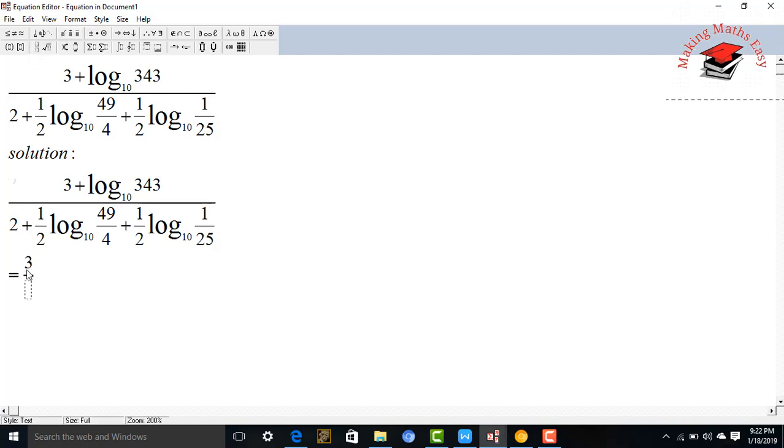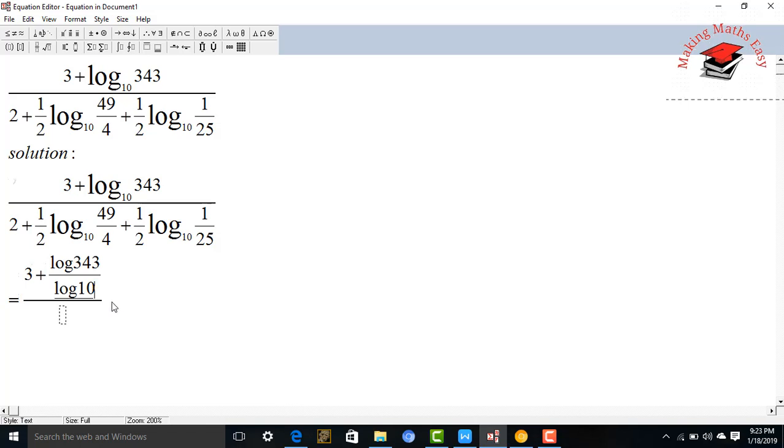So 3 we will write as it is, 3 plus log of 343 base 10. Another divide operator we will choose here, and log of 343 we will write as 343 and base to log of 10. Okay, so log of 343 base 10 is log of 343 divided by log of 10 according to the logarithmic rule.